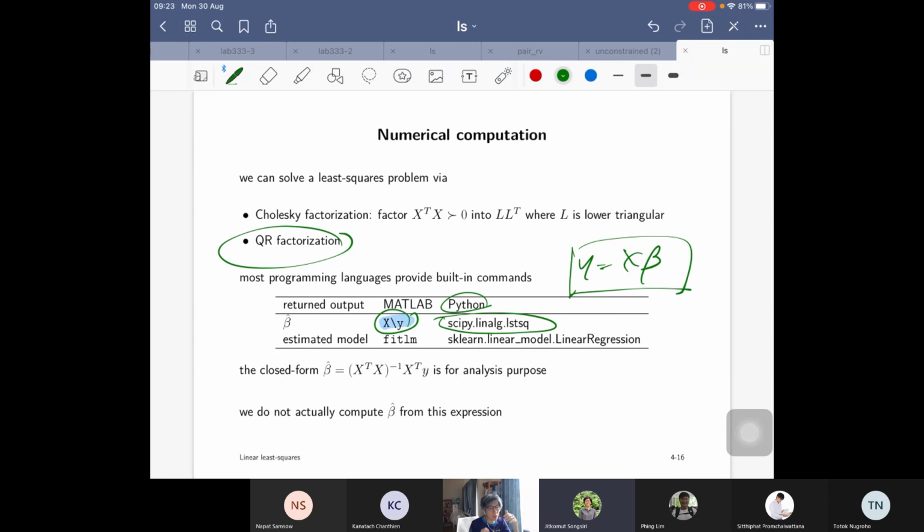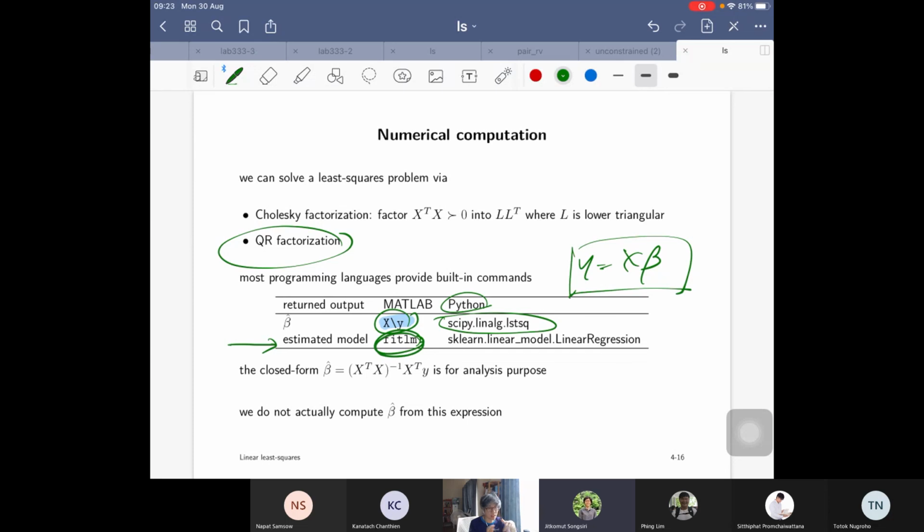But because linear least squares is a very common tool used in many applications, and the results have some statistical properties, people have developed statistical tools as well, such as fitlm. This returns the whole model.